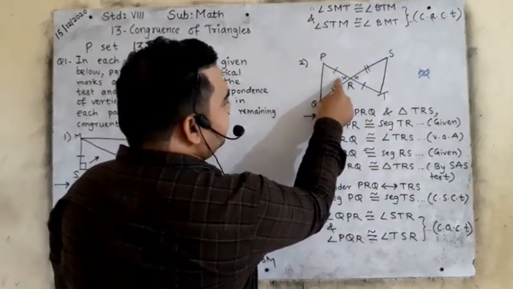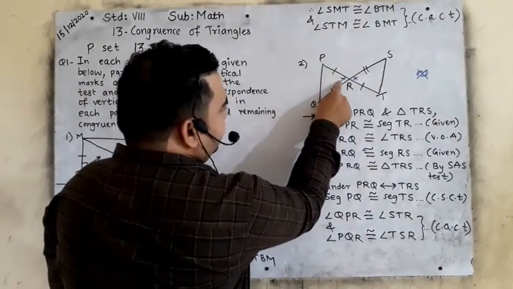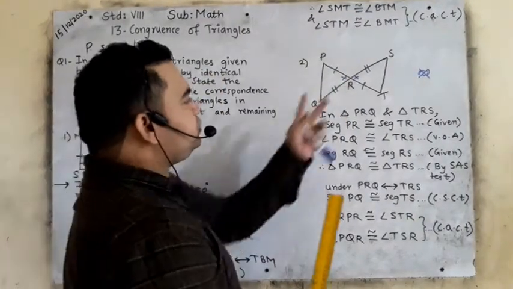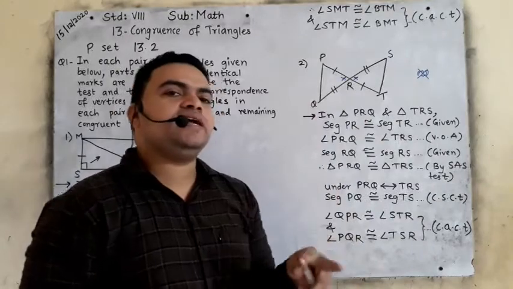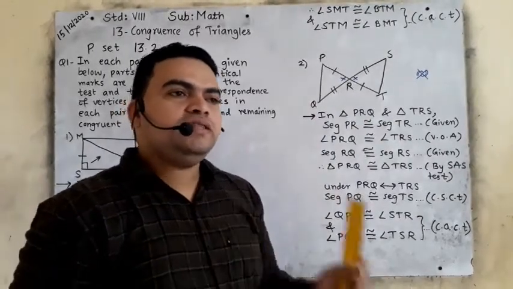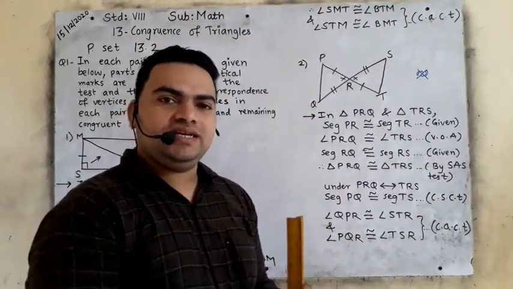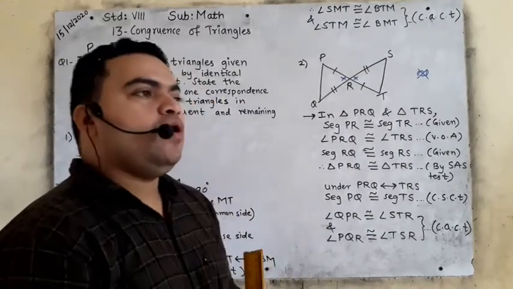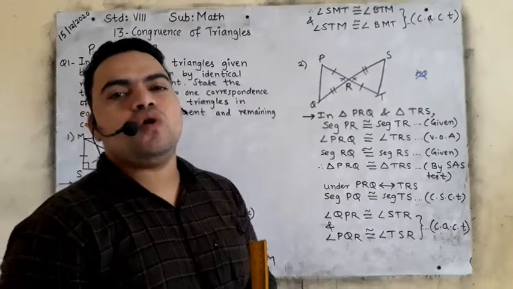Side, angle, side test. If these two triangles are congruent, all the corresponding sides are congruent to each other, and all the corresponding angles are also congruent to each other.